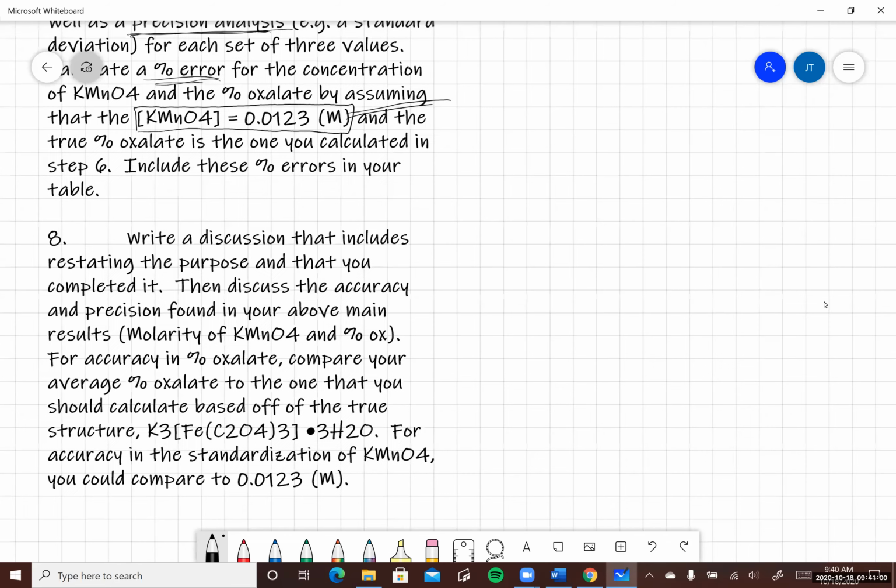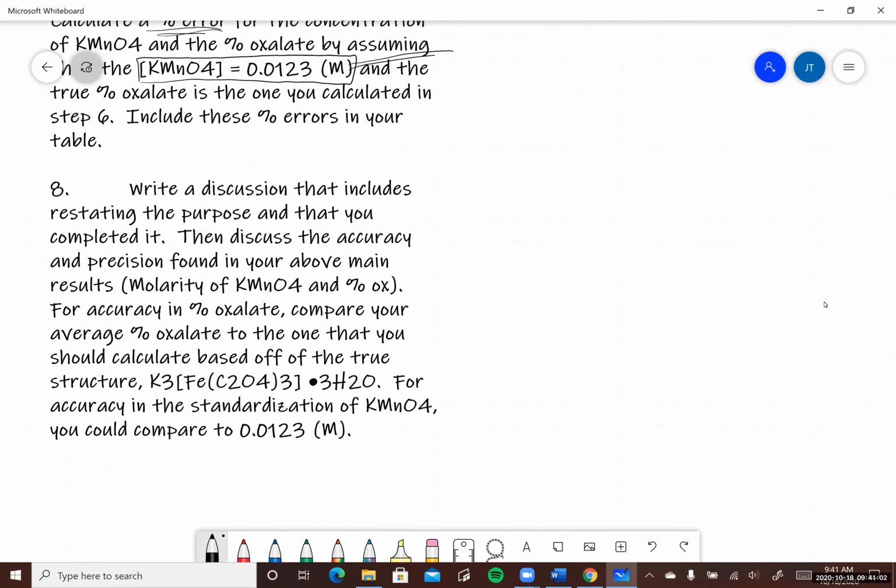All right, and the last thing that you need to do is write a discussion that includes restating the purpose and that you completed it. The purpose of the lab was to calculate the percent oxalate in this green crystal that you were given to analyze, and that's what you did. And then it says discuss the accuracy and the precision.